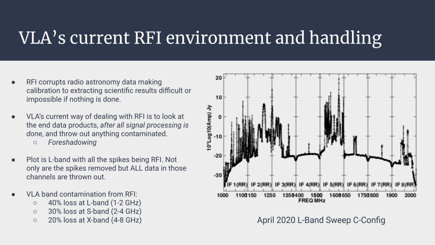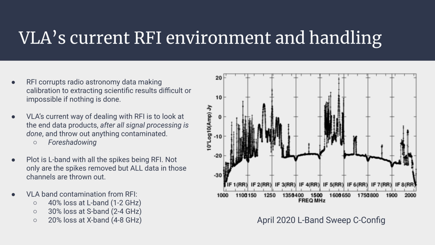So RFI contaminates our data and makes everything from calibration to extracting scientific results difficult if nothing is done. The VLA's current way of dealing with RFI is to look at the end data products after all the signal processing is done and to throw out anything that's contaminated. The plot on the right is L-band, and all the black spikes are RFI.